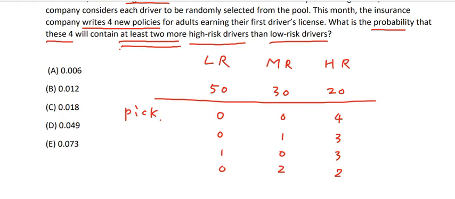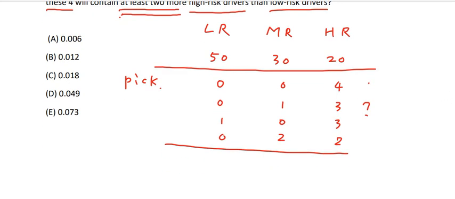So for example, let's check what is this probability. From here pick 0, from here pick 1, from here pick 3. So such a probability can be this. We pick 1 from here, and this probability is 30%.